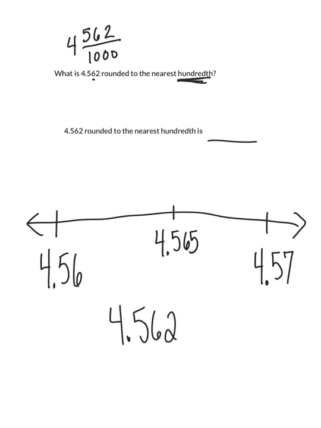So in order to round to the hundredths place, I'm going to have to focus on my thousandths place to help me make that determination. So remember, if my digit is a 4 or less, I'm going to let it rest. The digit in the thousandths place is a 4 or less, so I'm going to round down.